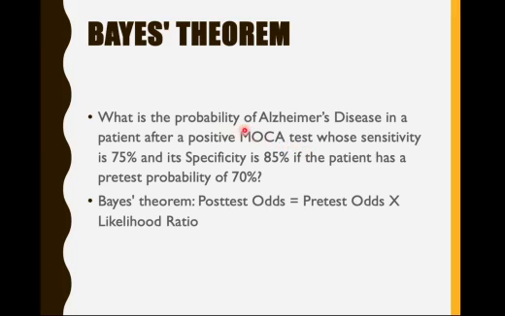What's the probability that the patient has Alzheimer's disease if the MoCA test is positive, given that MoCA has a sensitivity of 75% and a specificity of 85%, and the disease has a pre-test probability of 70%?